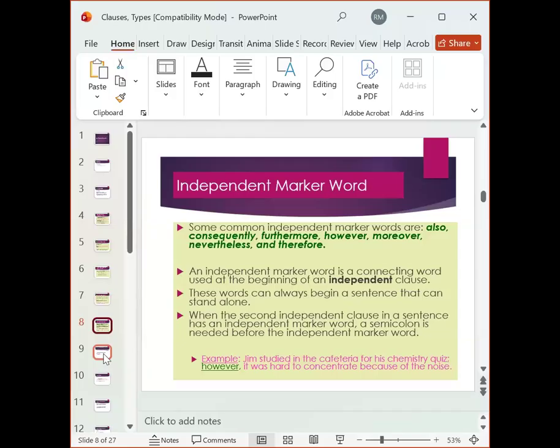So if you are asked, is a noun clause a dependent or independent clause? What will be your answer?